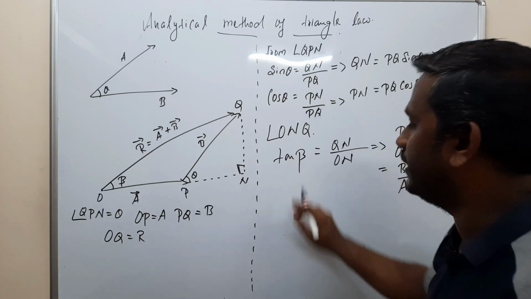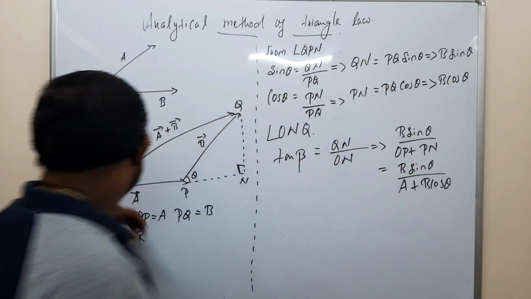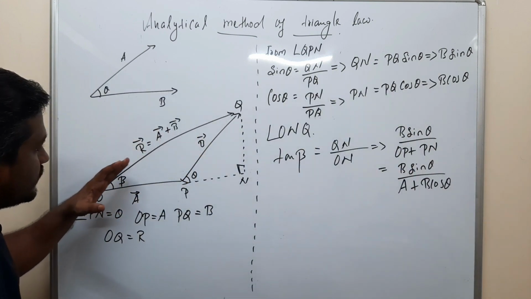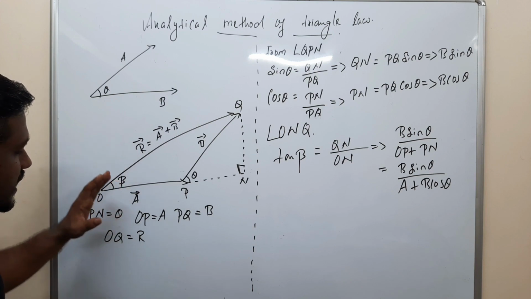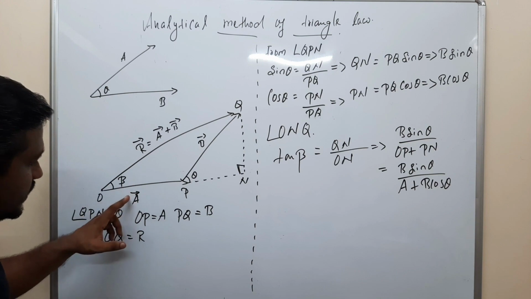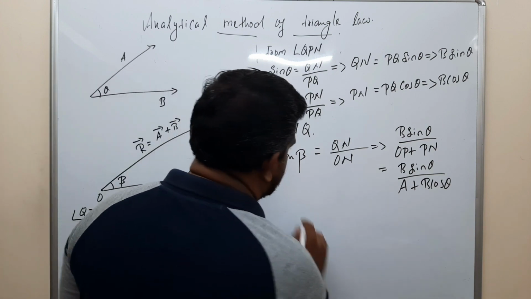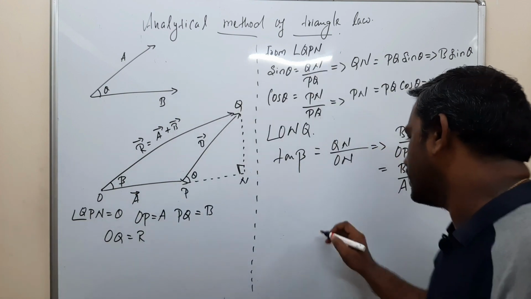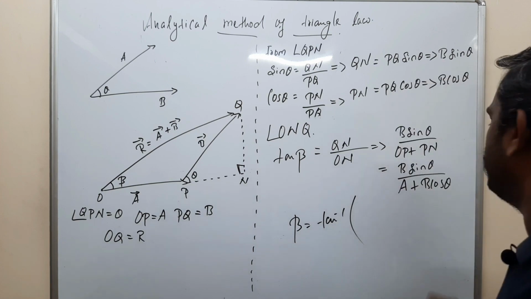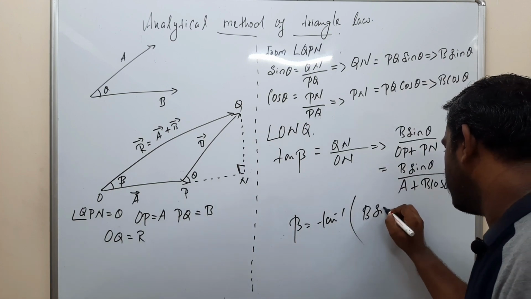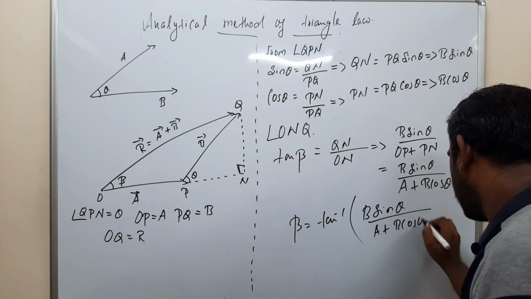So we have to find beta, the angle of the resultant of the vectors. We have to find the direction of the resultant from the a vector. So beta is equal to tan inverse of b sin theta divided by a plus b cos theta.